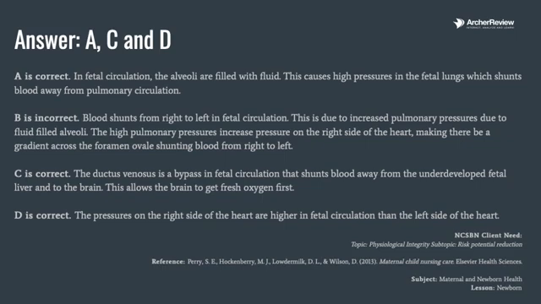C was correct. The ductus venosus is a bypass in fetal circulation, shunting blood away from the liver and to the fetal brain. D was correct. Pressures on the right side of the heart are higher in fetal circulation. This is why blood shunts from right to left across the foramen ovale.